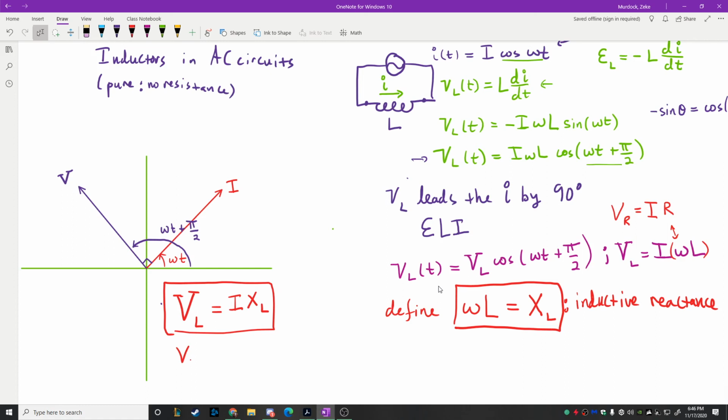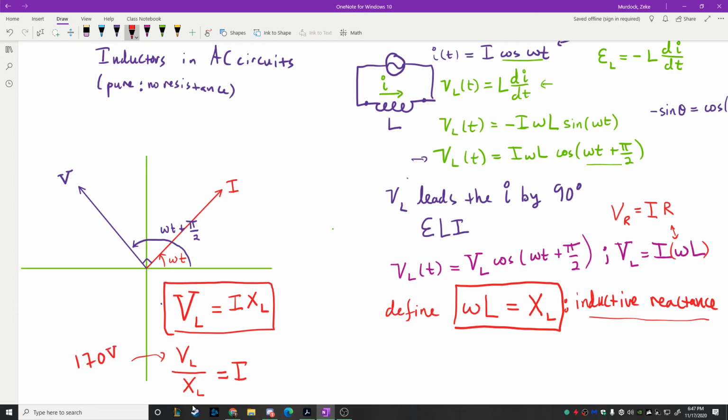And if we rewrite it in a different way, then we can see what this inductive reactance tells us is the larger that it is, well, what's going to happen? Let's say that you knew that VL was 170 volts, like it is here in the United States.